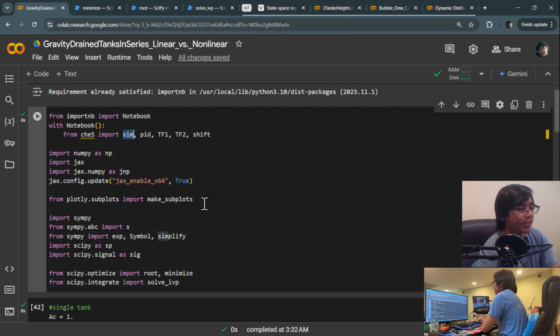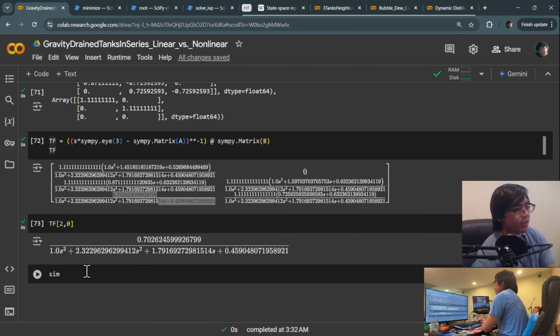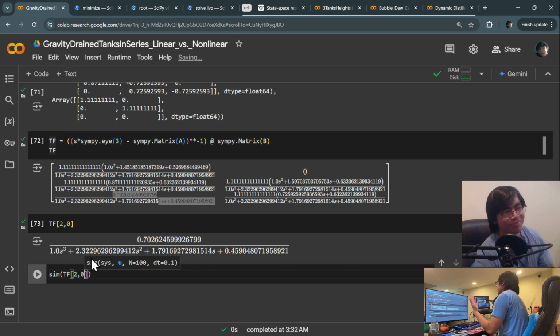So we'll be using simulate to simulate our transfer function. There are some default parameters, but we have to input our actual transfer function. So that's TF at 2, 0: height of the third tank in response to the first inlet flow. And then U is our step change.